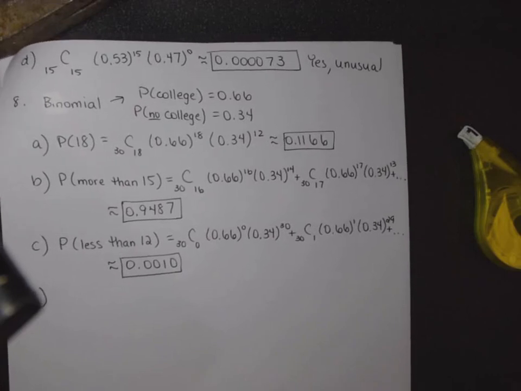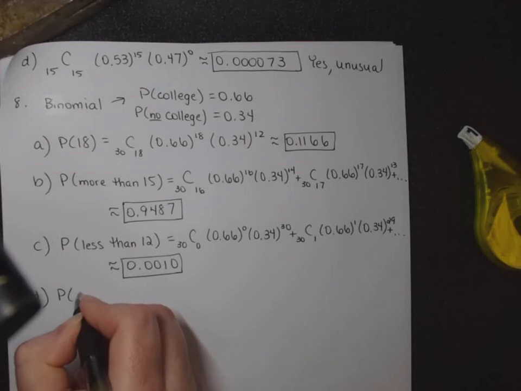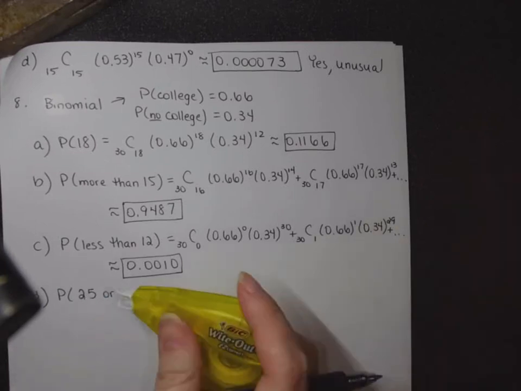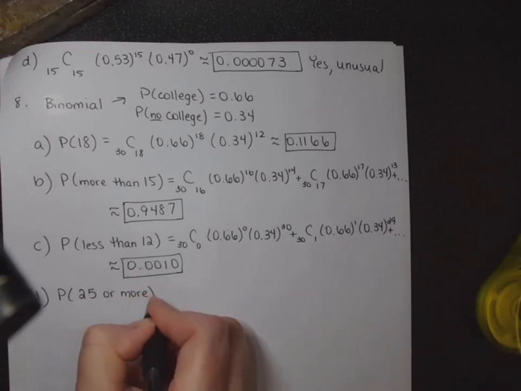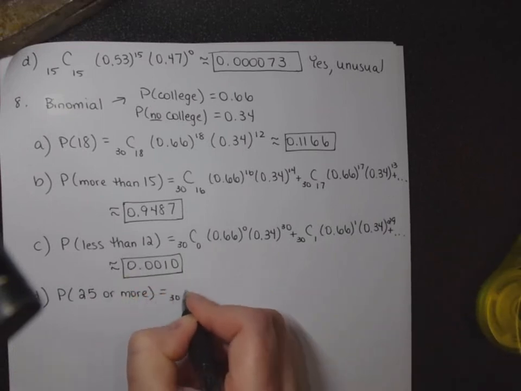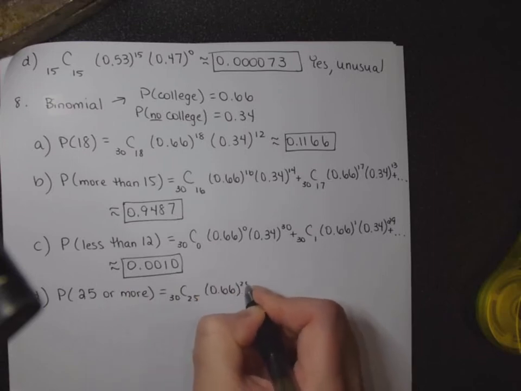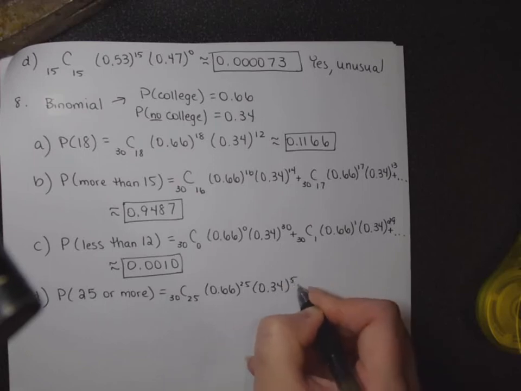Would it be unusual for 25 or more of them? So you need to find the probability of 25 or more. So that would be out of 30, choose 25. So 25 went to college, 5 didn't.